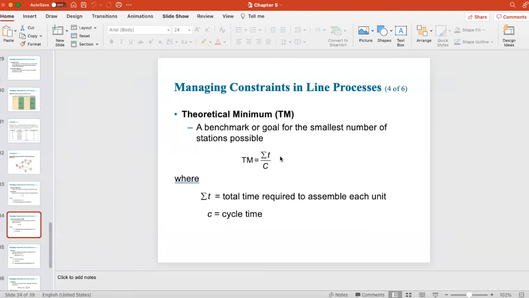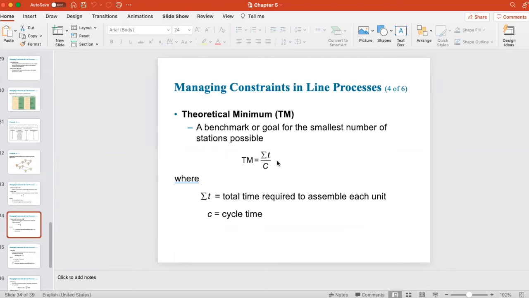Here, as we know, if we do not include any workstation, and we complete all those different tasks one by one sequentially, then we have this total amount of time in order to complete every unit of product, or to complete every single service.